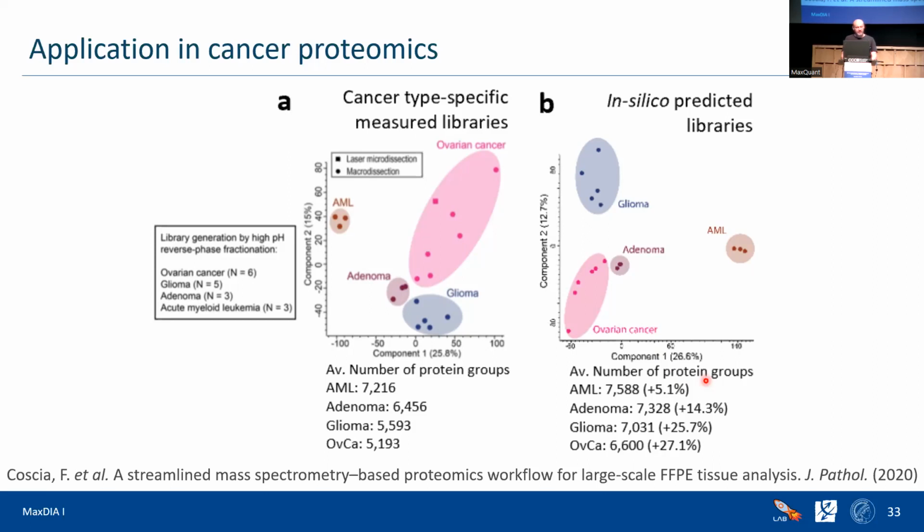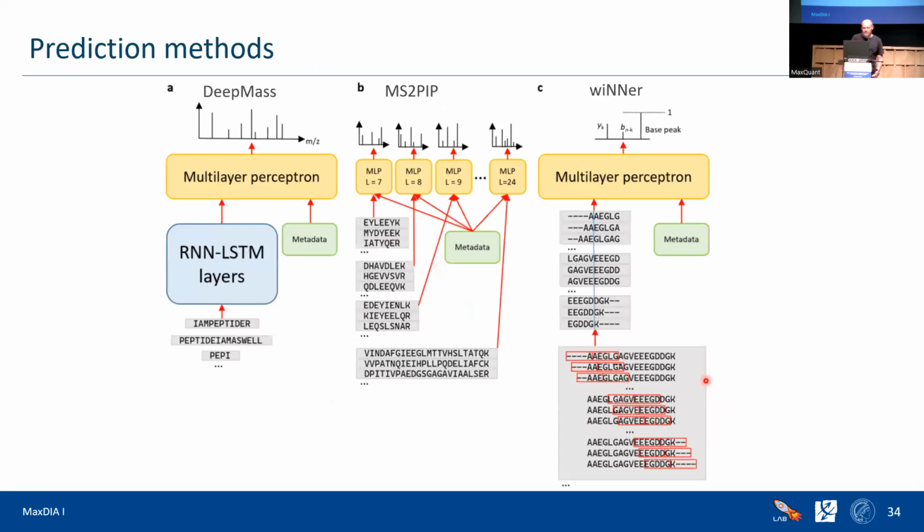This discovery library that I showed you was produced with DeepMass, which is our recurrent neural network predictor for fragmentation libraries. You will hear much more about this in Shamil's talk later this week, I think tomorrow or today, later at least. It hasn't happened yet.